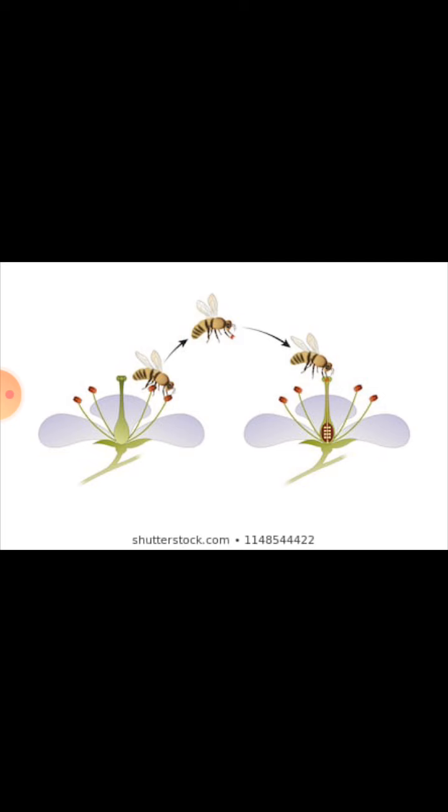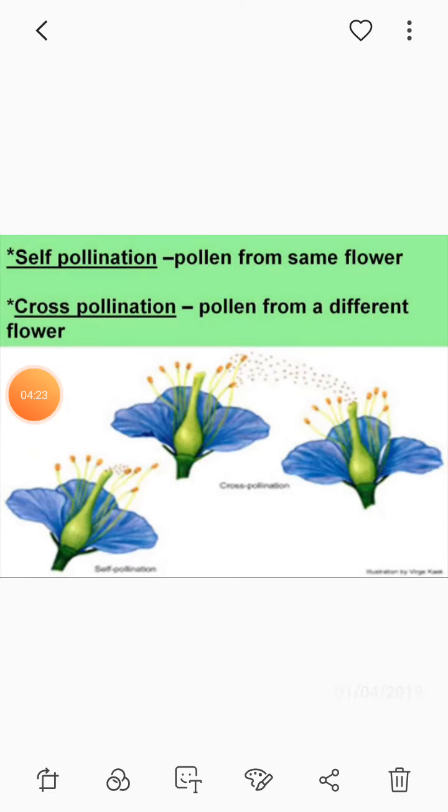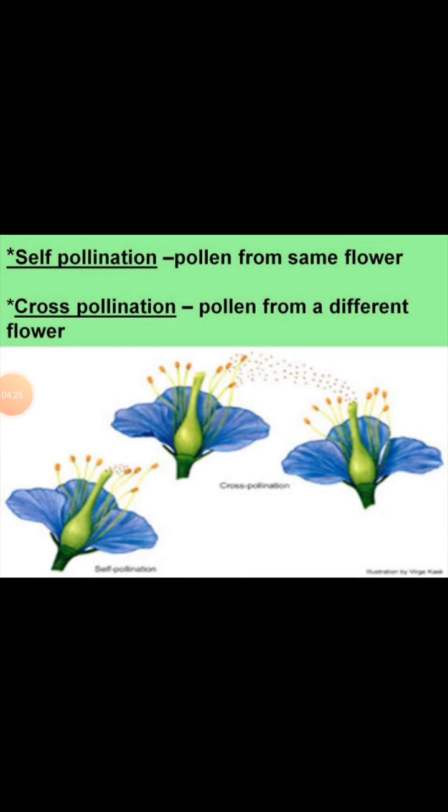Then finally, the major classification based on the reach of pollen grains on the flower is known as self and cross pollination. So it is a major type of pollen transfer from anther to stigma. Transfer of pollen from anther to stigma of the same flower is known as self-pollination, otherwise called autogamy.